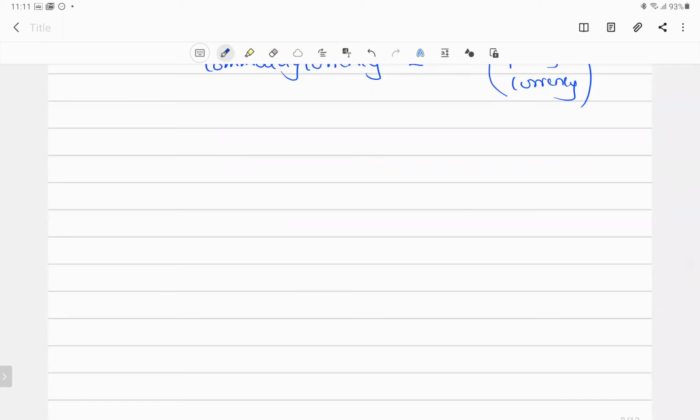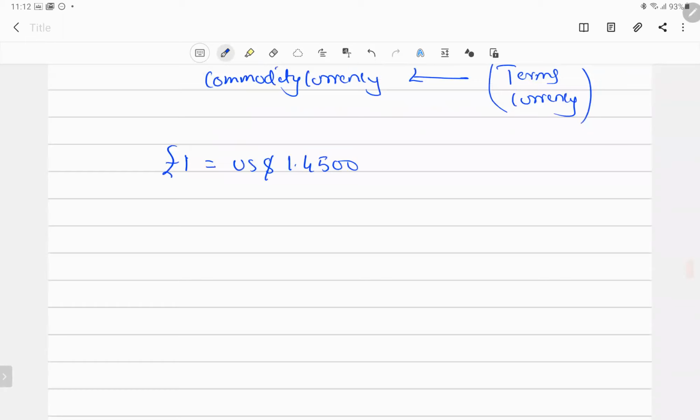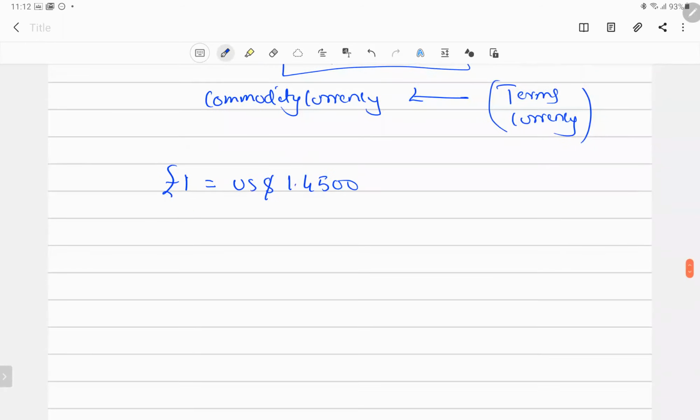Suppose we have 1 pound equal to, assume, US dollar 1.4500, right? So here this is your commodity. The pound is being priced in terms of dollar. So this is your commodity currency, I put it as CC, and this is your term currency, I put it as TC, right? The commodity currency is being priced in terms of US dollar.